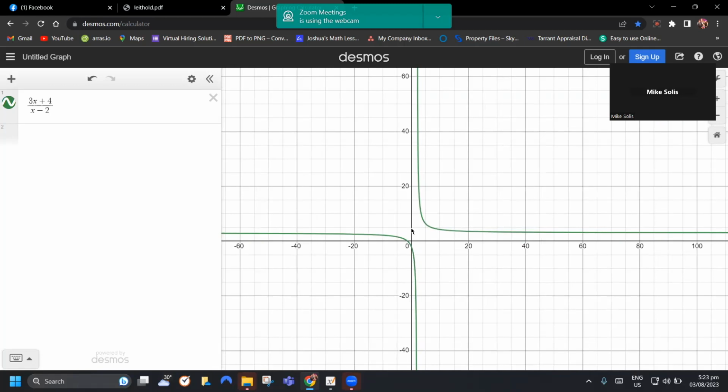So pakita ko lang paano hanapin 'yan. Yung algebraic method. So share ko din yung screen.